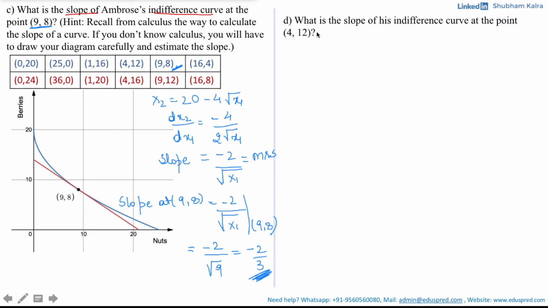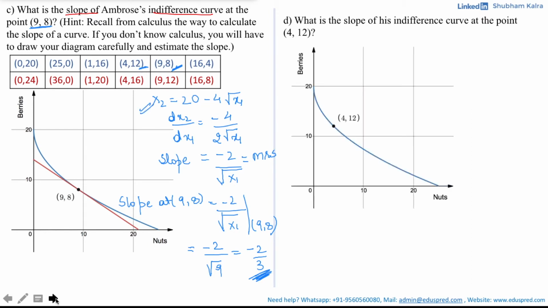Moving on to the next part, it says, what is the slope of the indifference curve at the point 4, 12? Again coming back to this table, point 4, 12 is here, in blue color, which means it lies again on the blue indifference curve. Graphically, it is lying here. If we draw a tangent at this point, which is this red line, the slope of this tangent will be the slope of the indifference curve at the point 4, 12.